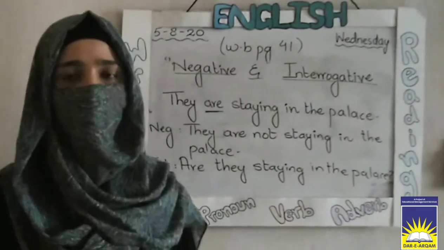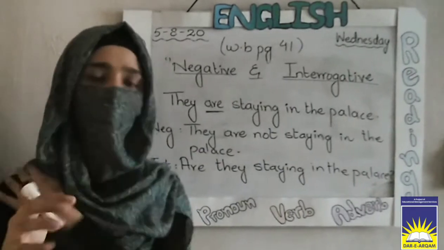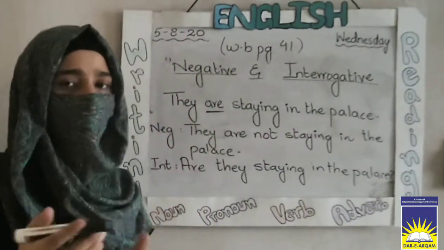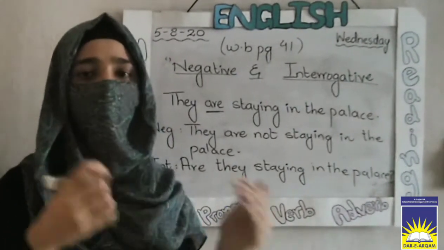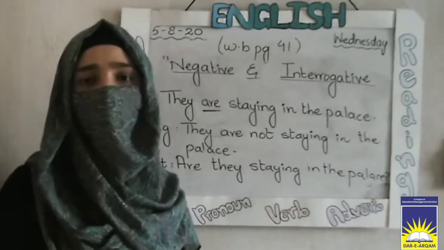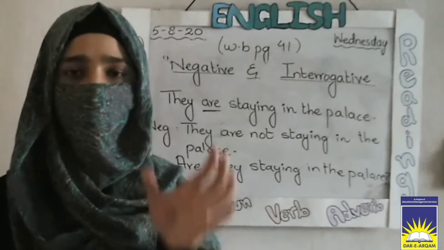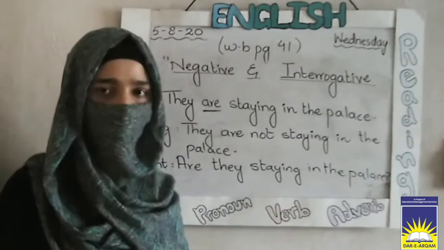In this exercise, simple present tense and present continuous tense are given to you. I have told you how you will convert present continuous tense sentences into negative and interrogative. Now I am going to tell you how you will convert simple present tense sentences into negative and interrogative, so have a look.